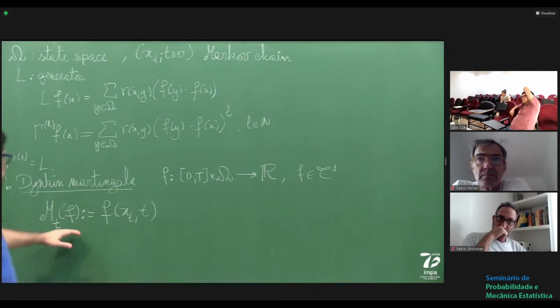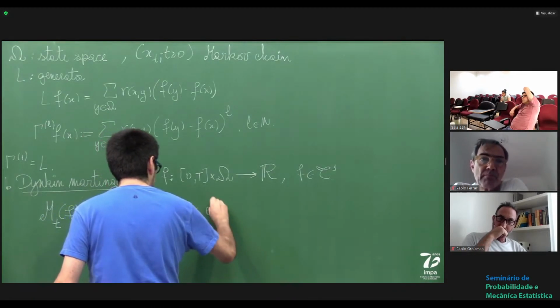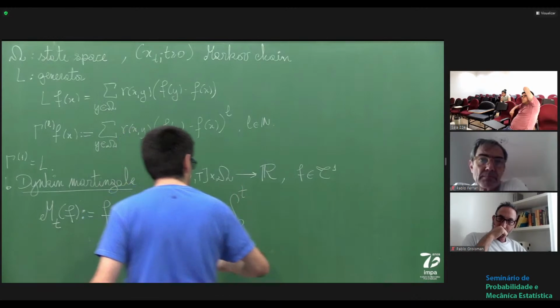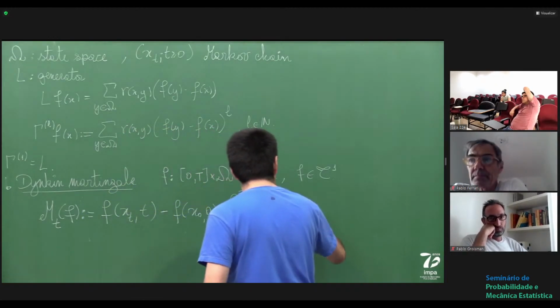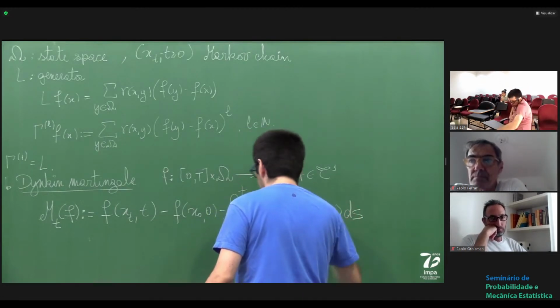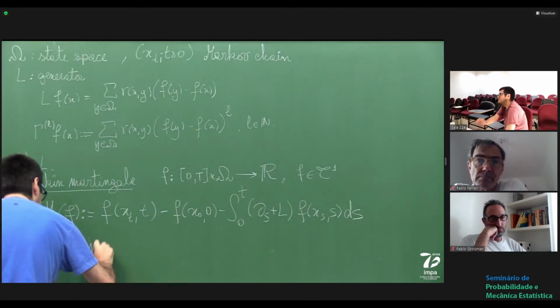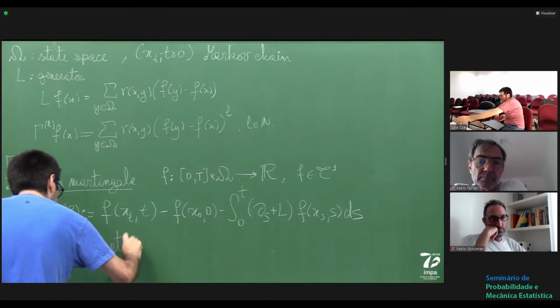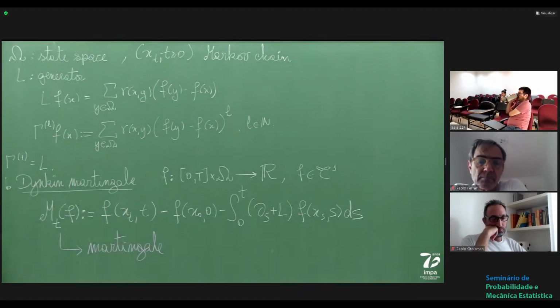And then the following object is a martingale. So this guy here is a martingale, and this is what I'm going to call the Dynkin martingale associated to the function f.